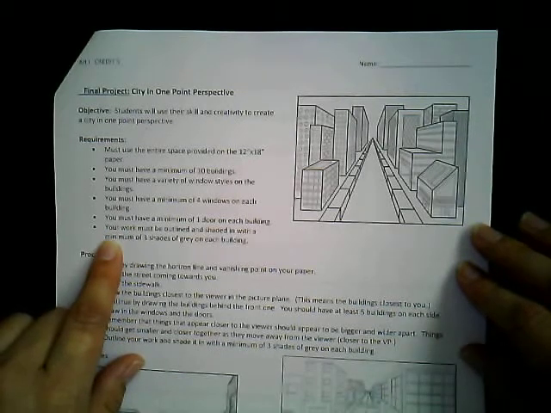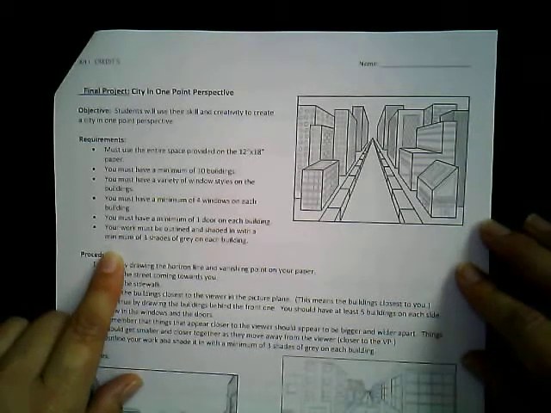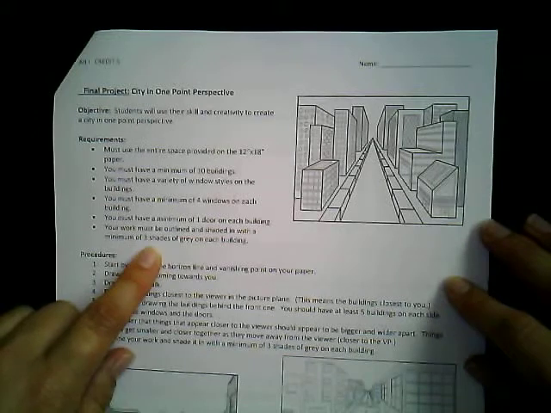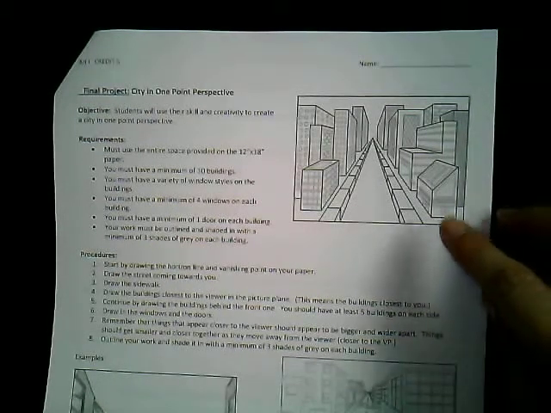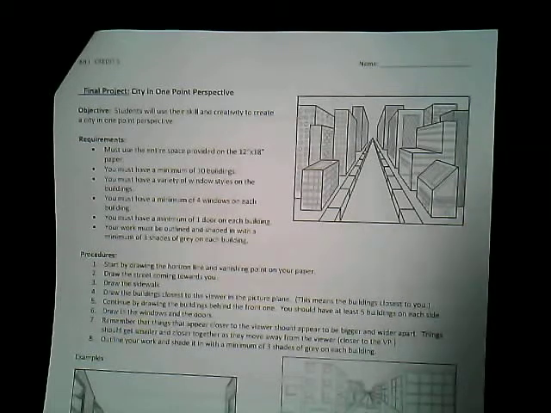And your work must be outlined and shaded in with a minimum of 3 shades of gray on each building. Each one of these buildings is showing 3 sides. So let's say that you determine where your light's coming from. That should help you shade those 3 different values. If the light's coming from up above, what's going to be the lightest part of your building?